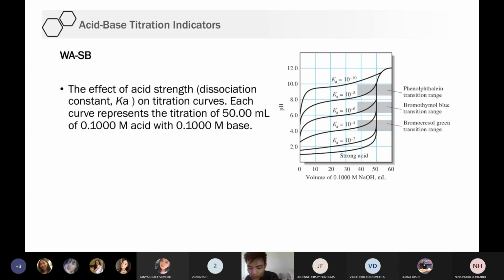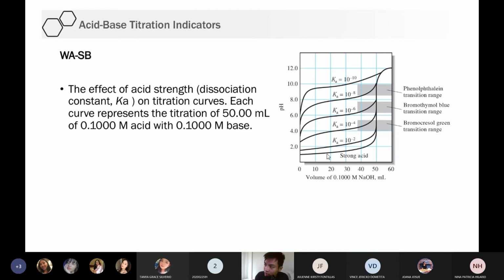Also, depending on the dissociation constant, okay, other than the concentration of the acid, yung dissociation constant, it also plays a role with the steepness of the inflection point. No? So the higher the Ka, the higher the concentration, the steeper the inflection point. However, the lower the concentration or the lower the Ka, mas maigsi ang inflection point.